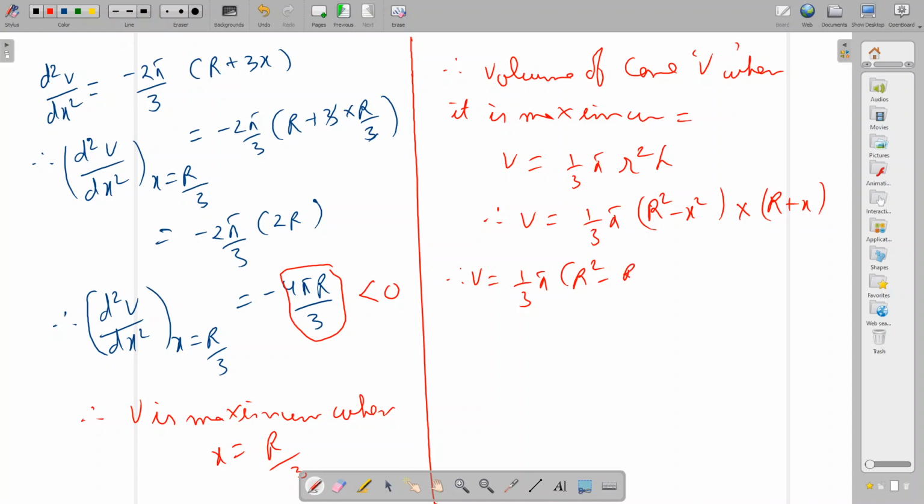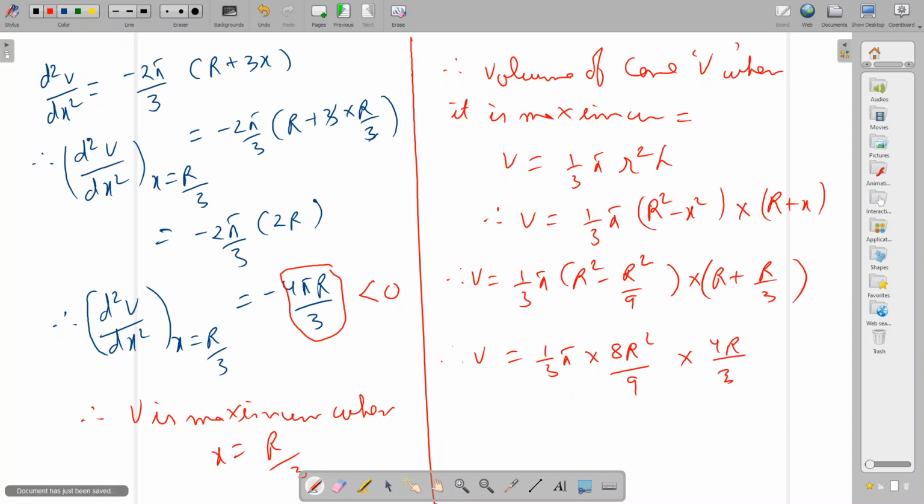So the square of that will be R square by 9) into (R plus x, which is R by 3). This will give us V equals 1 by 3 pi (R square minus R square by 9), that is 8 R square by 9, into (R plus R by 3), that is 4R by 3.